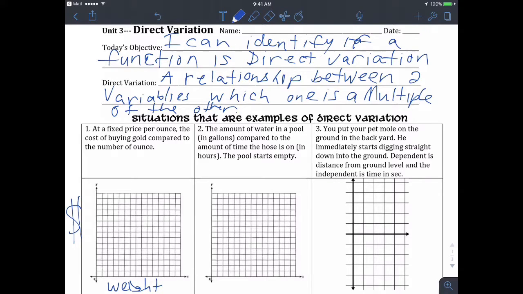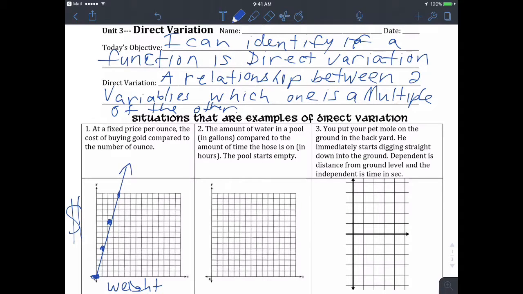In the beginning of the clip, he had 0 ounces of gold, so he didn't pay any money, so it said 0. Then when he got 1 ounce, he had to pay $5. Then when he got another ounce, he paid another $5. And if this keeps going, it's going to keep going all the way to the top. So this is what that graph will end up looking like.